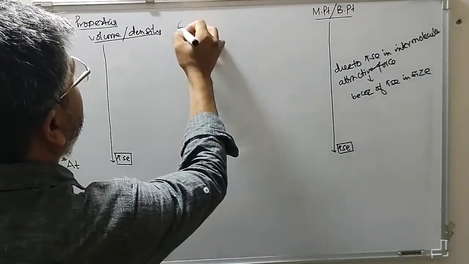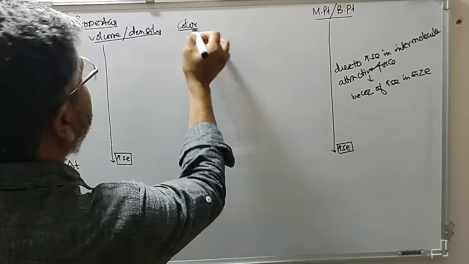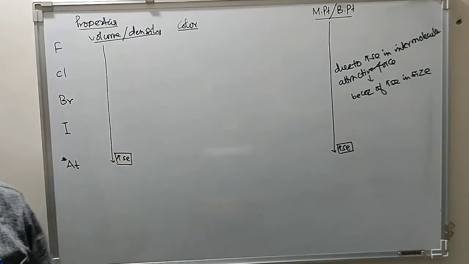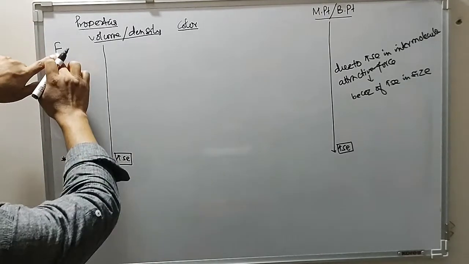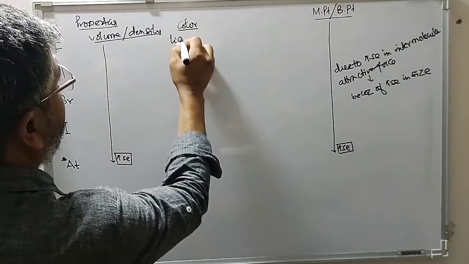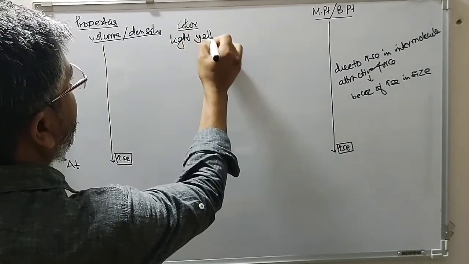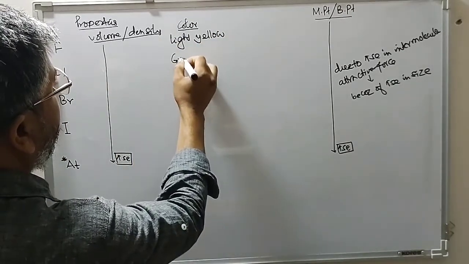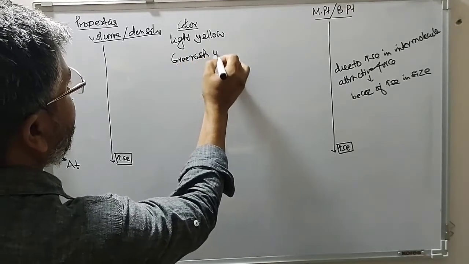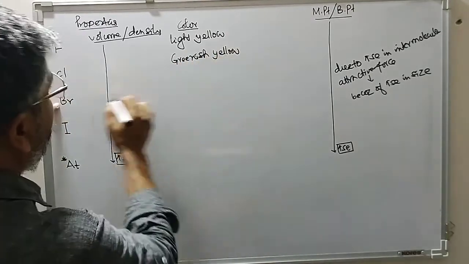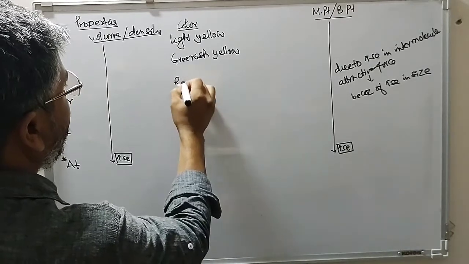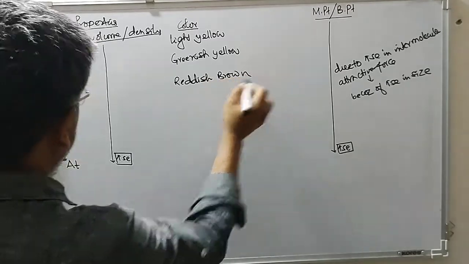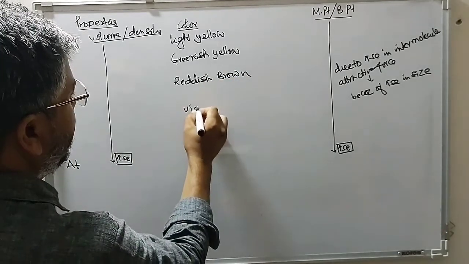Then color of these elements, all these elements show different color. So let me give you the colors. Fluorine, light yellow, chlorine, greenish yellow, bromine, reddish brown, iodine, violet.